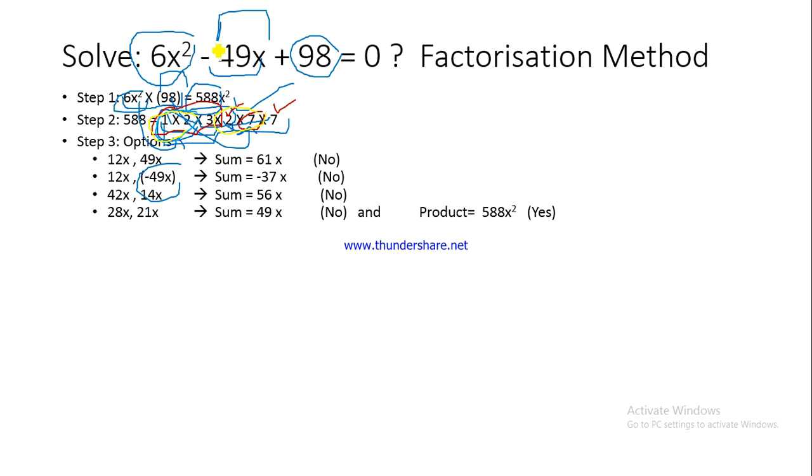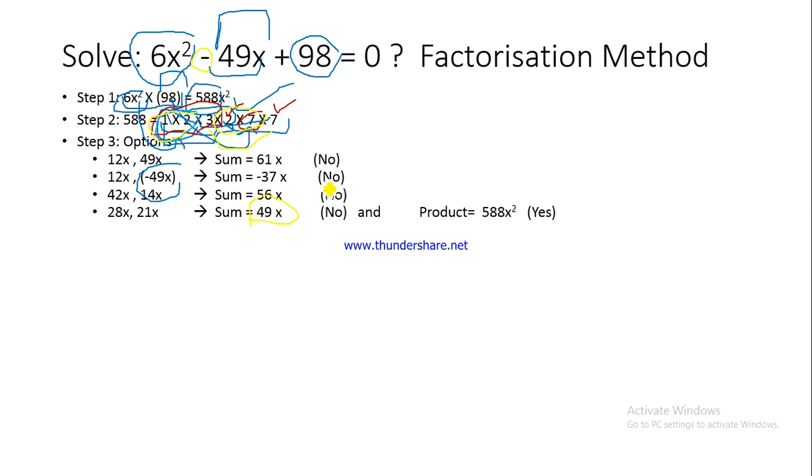Now the remaining portion which is left, you can understand now, is this 3 and this 7. So the remaining portion which is left is 21, and when I add them up, I'll get this sum 49x. But you don't want 49x, you want minus 49x. Is this understood?